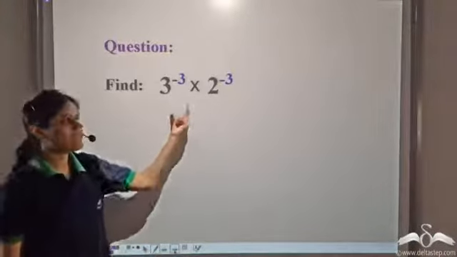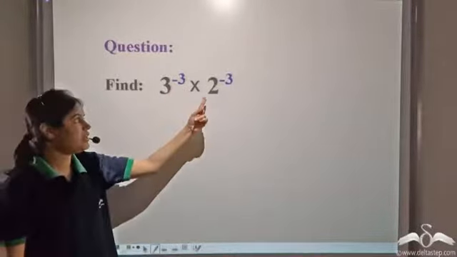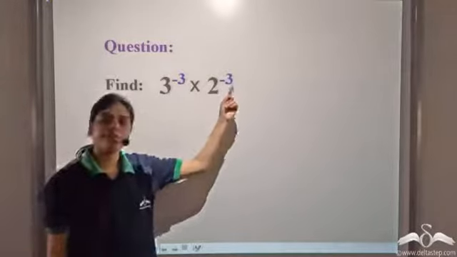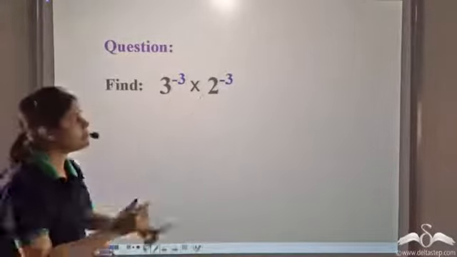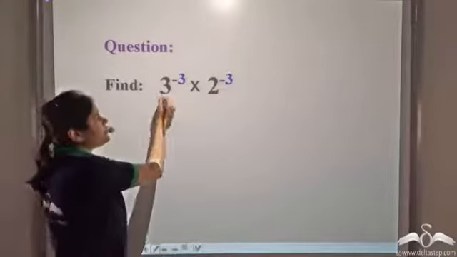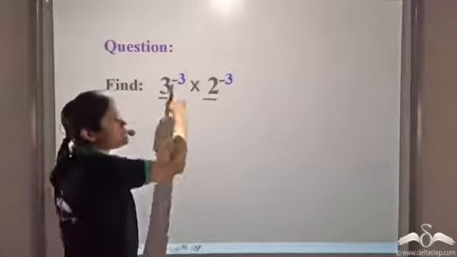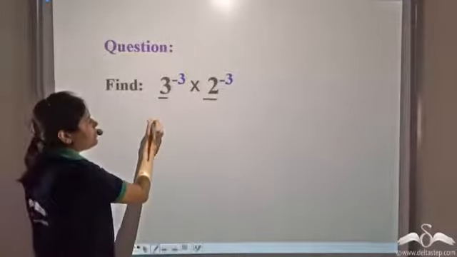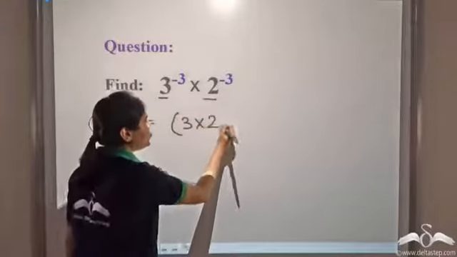So now can you find this? We have 3 to the power negative 3 into 2 to the power negative 3. These are two exponential numbers being multiplied. We see that the bases are different, but the powers are the same. So we can multiply the bases. That is, we can multiply 3 and 2.